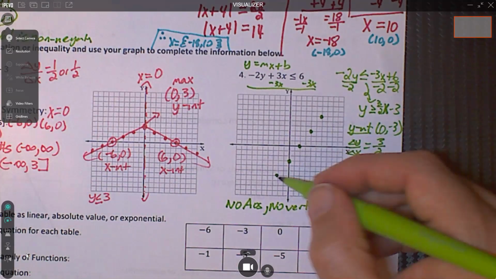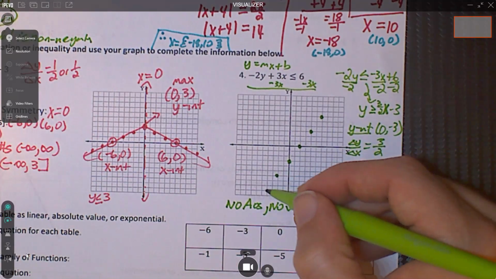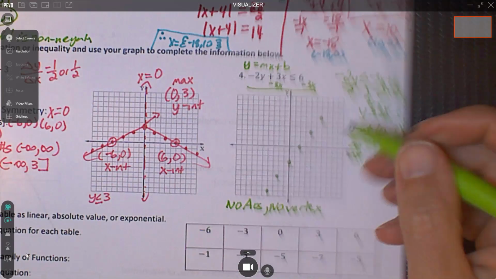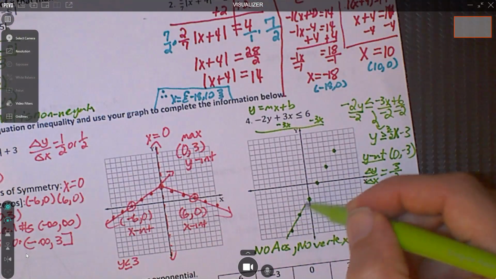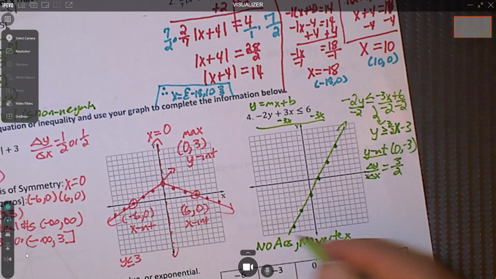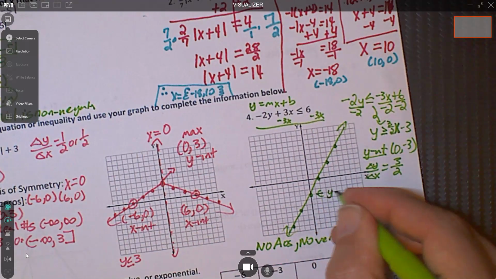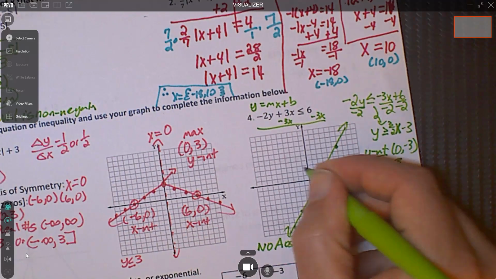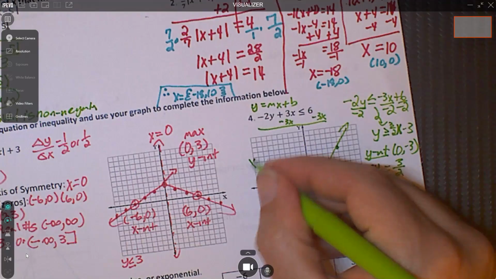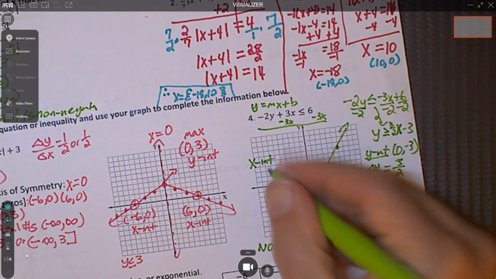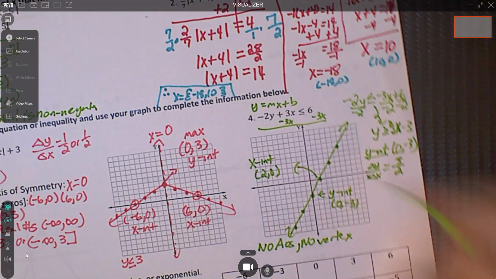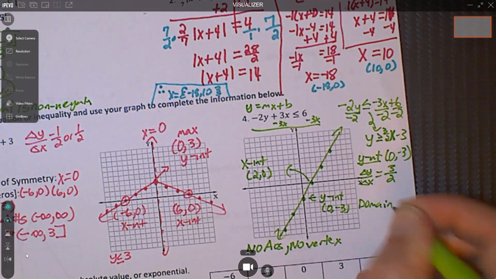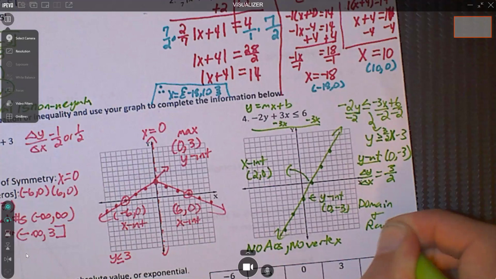Down 3, left 2. So the y-intercept. Domain and range.